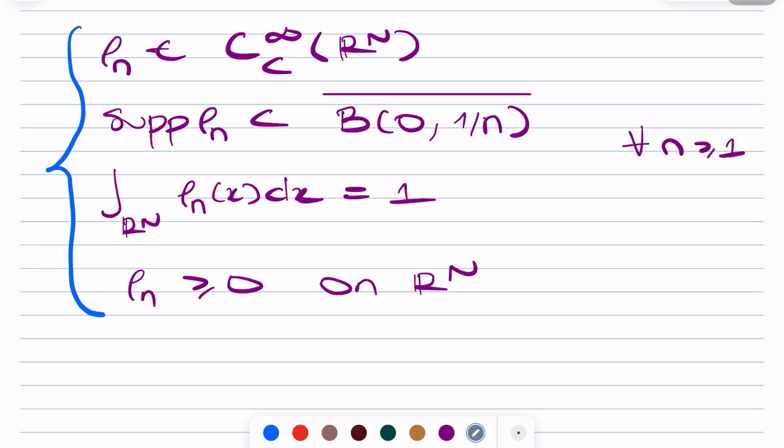In what follows, we will systematically use the notation rho n to denote a sequence of mollifiers.